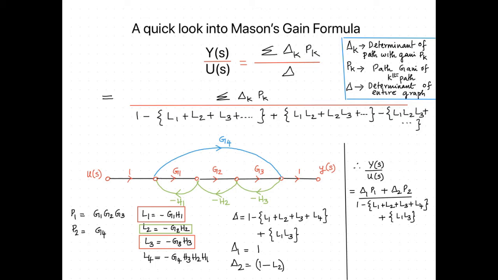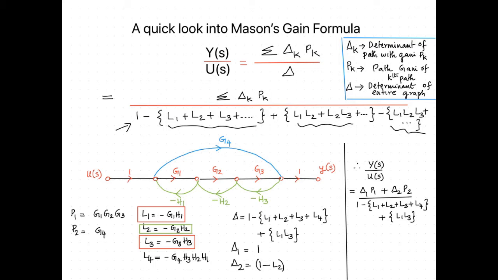You can see that delta is given by 1 minus sigma L_i plus sigma L_i L_j minus sigma L_i L_j L_k plus etc. This shows that we need to consider loops with gains L1, L2, etc., and also whether there are non-touching loops. If there are non-touching loops, you need to identify the combinations of 2 each, 3 each, 4 each, etc.